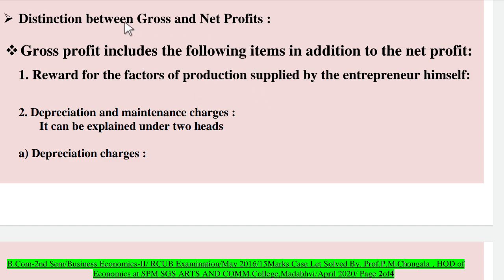So this is the general difference between gross profit and net profit. Friends, we will go one by one again. Gross profit includes the following items in addition to the net profit.